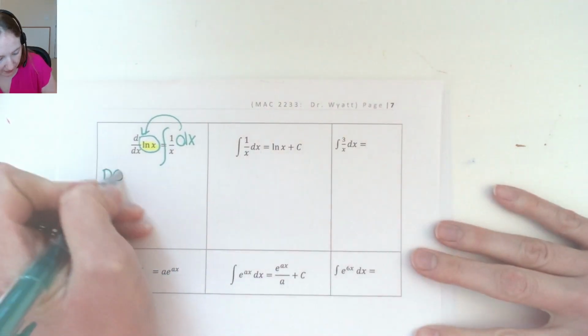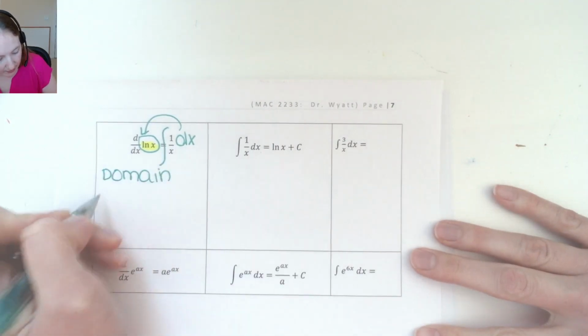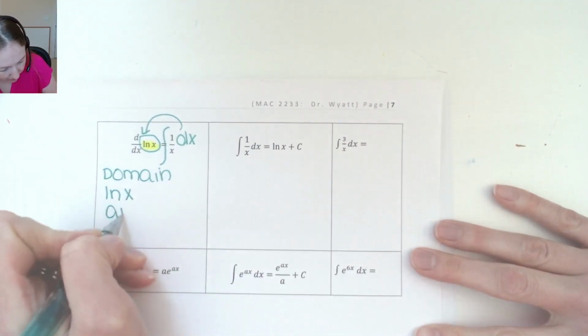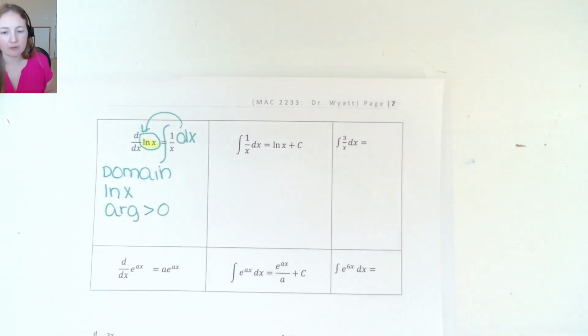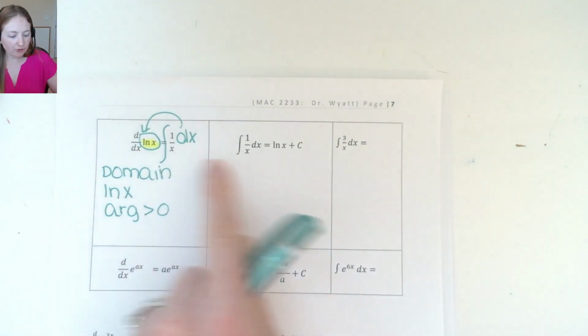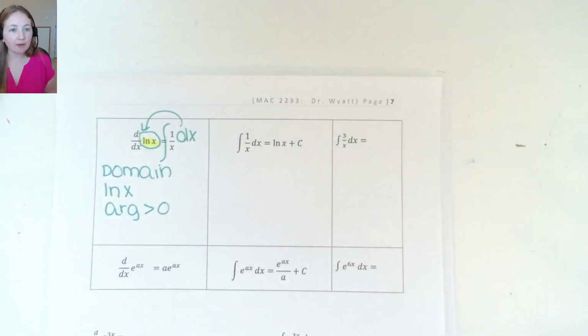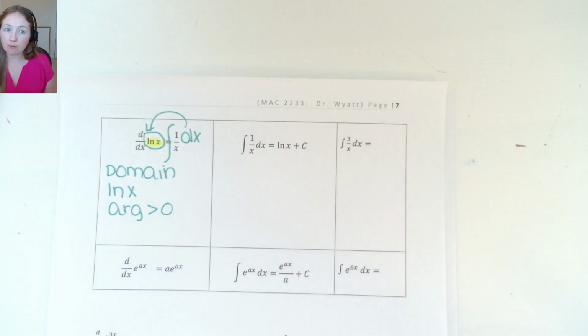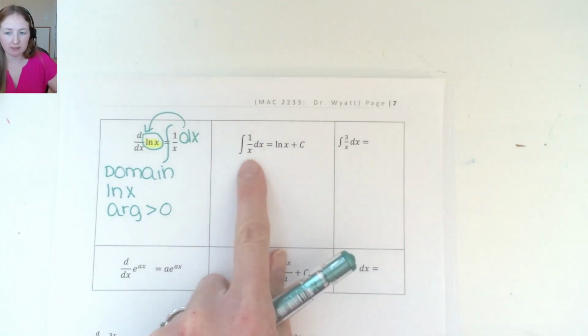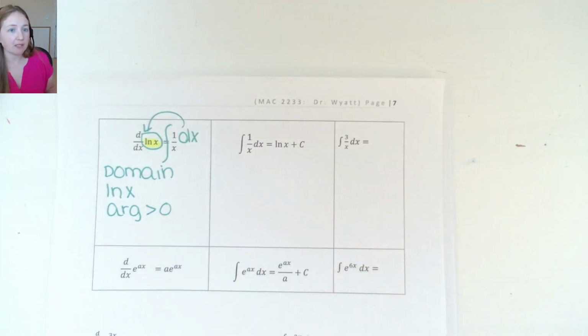Remember that the domain of the natural log is that the argument x has to be greater than 0. So when you're just looking at the 1 over x integrand, there's nothing there that says that the x value is positive, right? x could be anything. Now, we do know that x is not equal to 0 because x is in the denominator, but we do not have anything there to ensure that we have a positive argument.